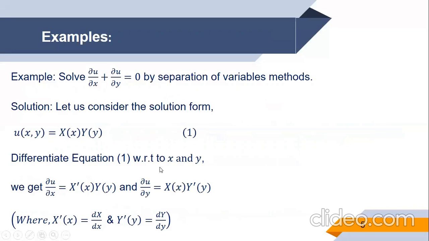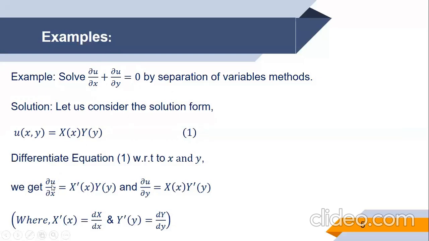So again I repeat, if we solve the first order PDE using the separable variable method, here u is a dependent variable, and x and y are independent variables. So we write u of xy is equal to capital X of x, capital Y of y, where capital X and capital Y are functions of small x and small y.